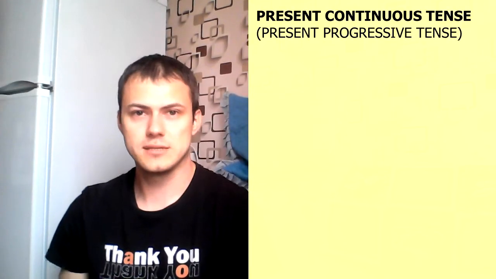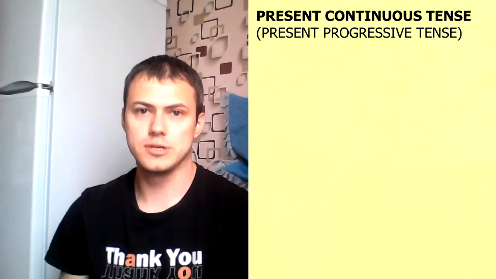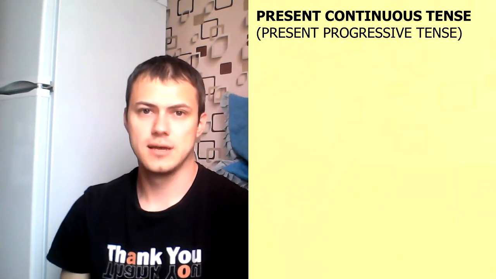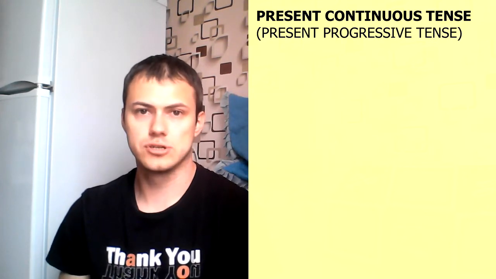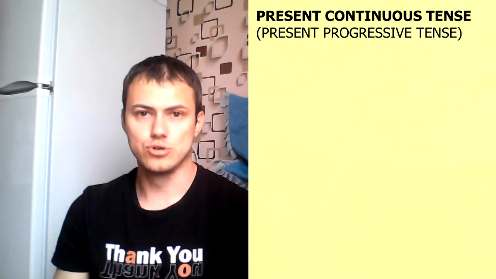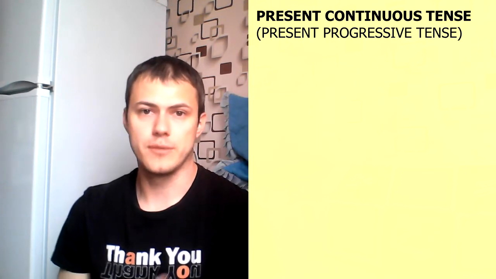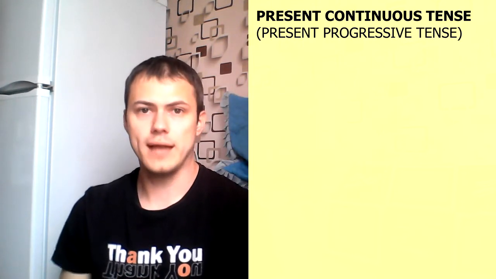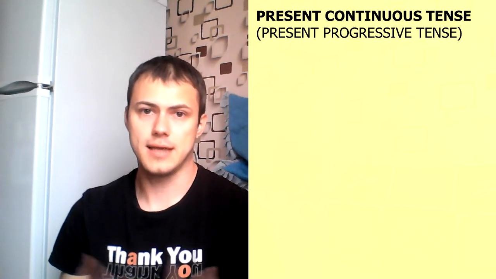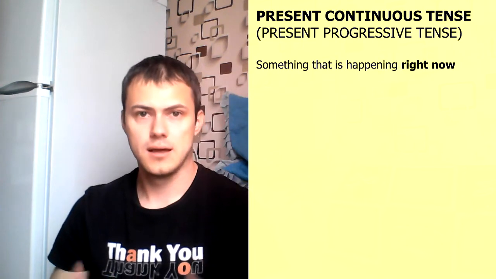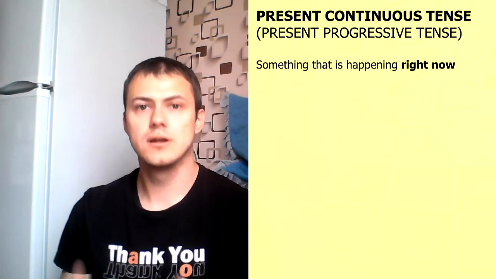So, the present continuous tense, or some people may call it present progressive tense, one of the most common and simplest tenses of the English language. Usually, we use the present continuous tense when we are talking about events and actions that are happening right now.